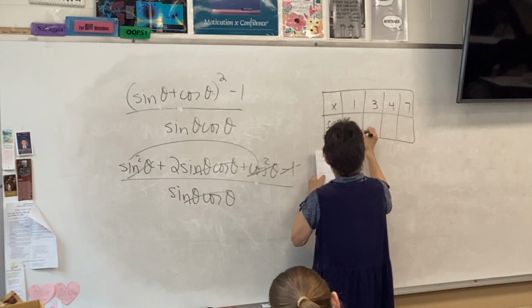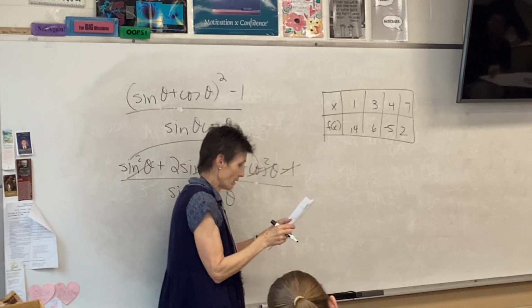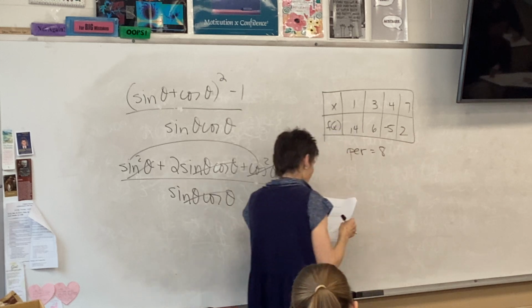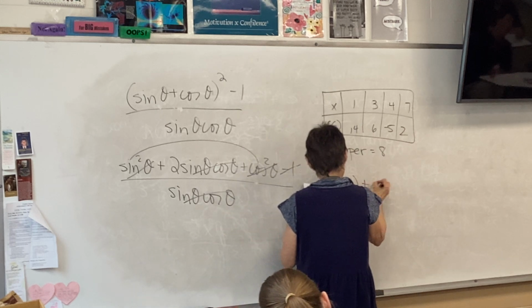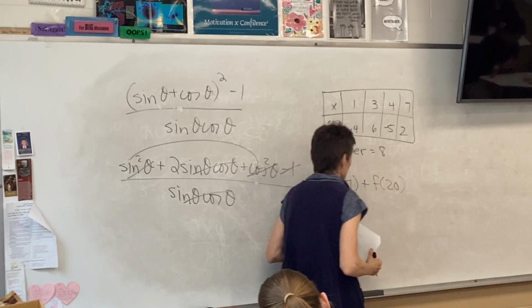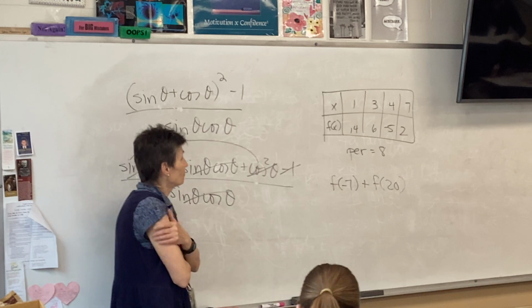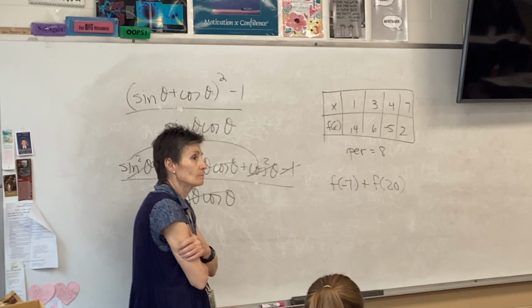We know the period's 8, and we want to find out what f of -7 plus f of 20 is. f of 1 is 14.